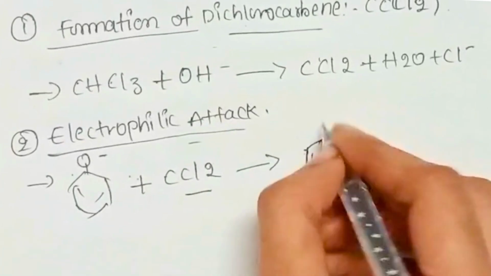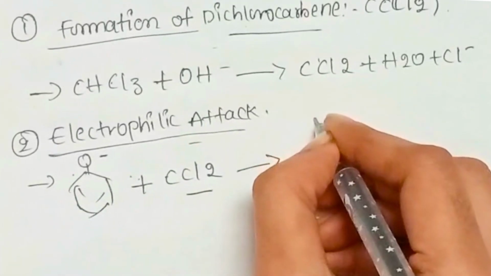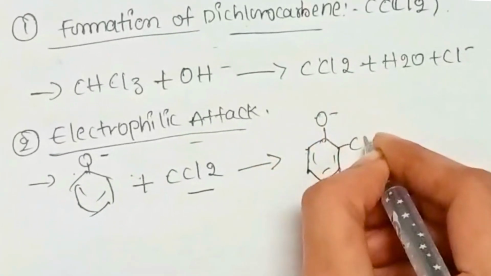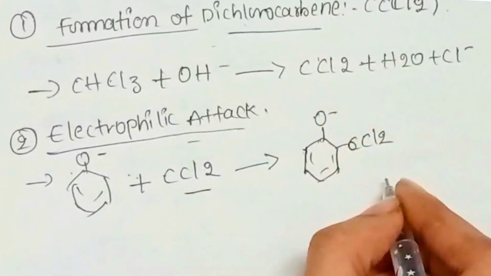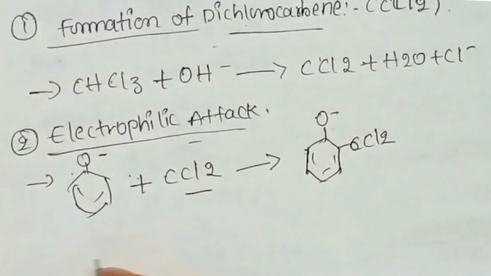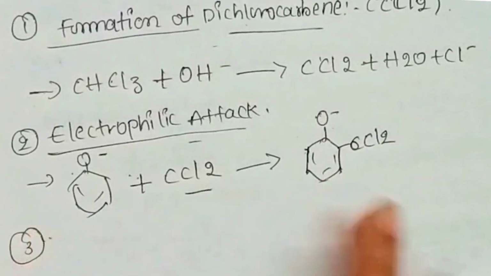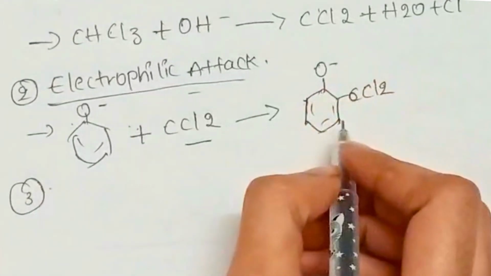What is that intermediate complex that is formed? That is ortho dichlorocarbene phenoxide ion. So on hydrolysis, what happens after that?